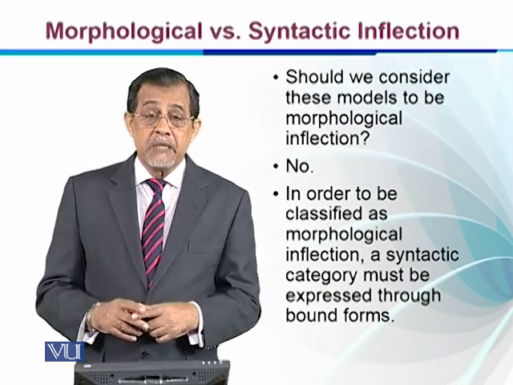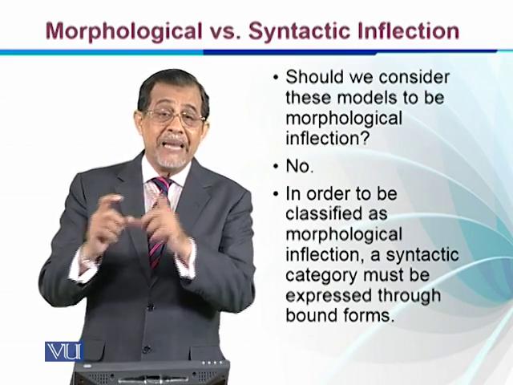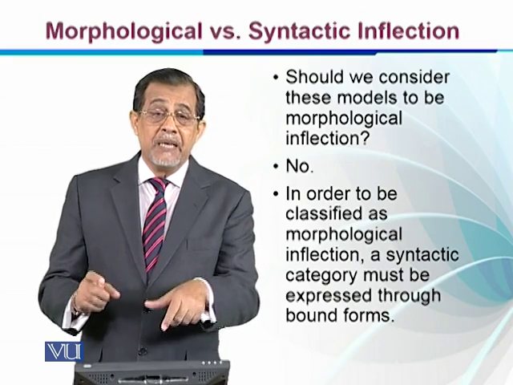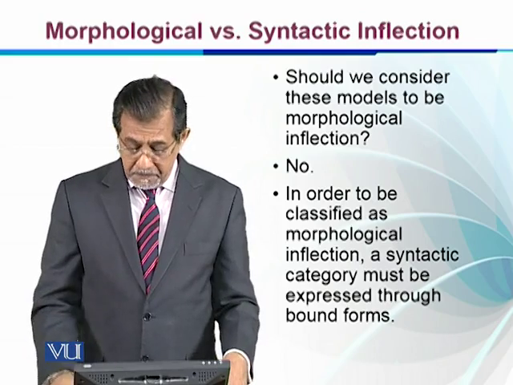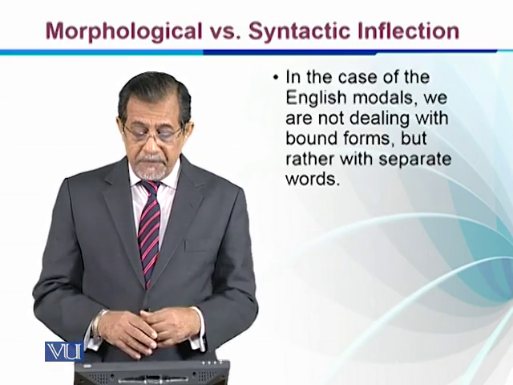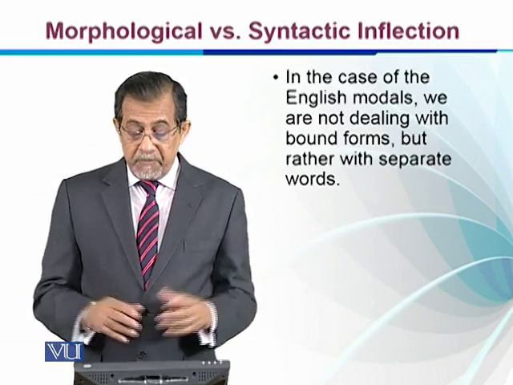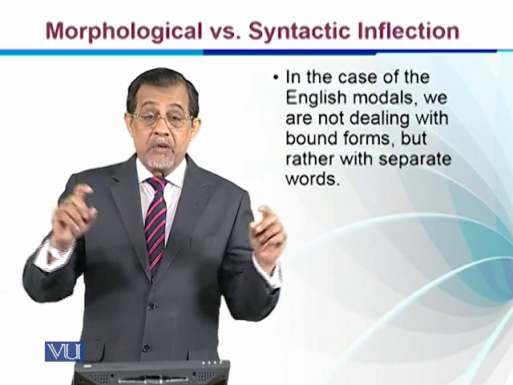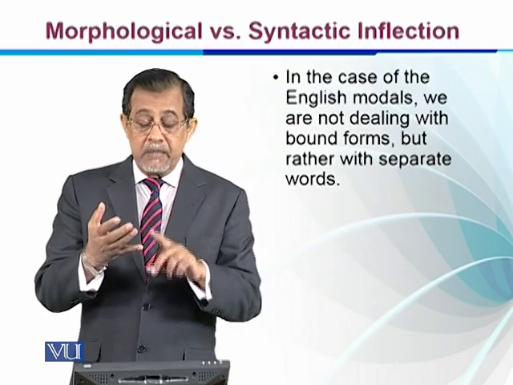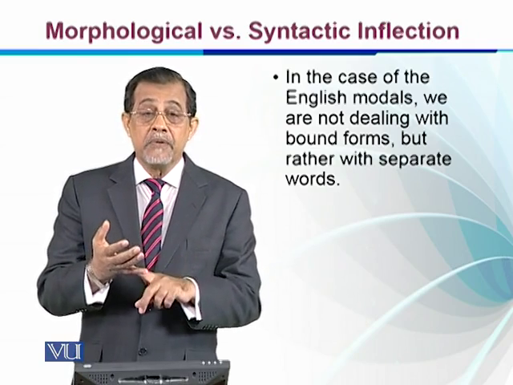So morphological inflections are bound, as in the examples I just gave you, and can, could, they are not bound forms. In the case of English modals, we are not dealing with bound forms, but rather with separate words. So I can go, we can count 1, I, 2, can, 3, go: three words.